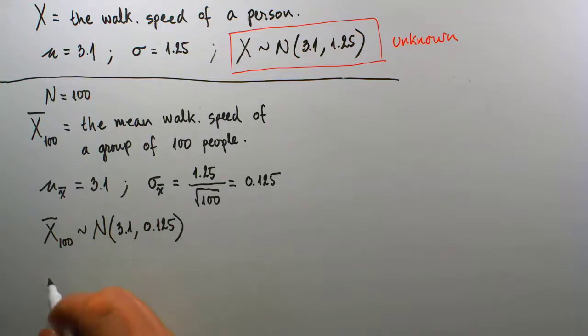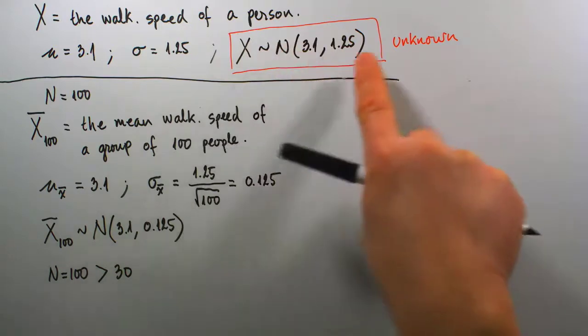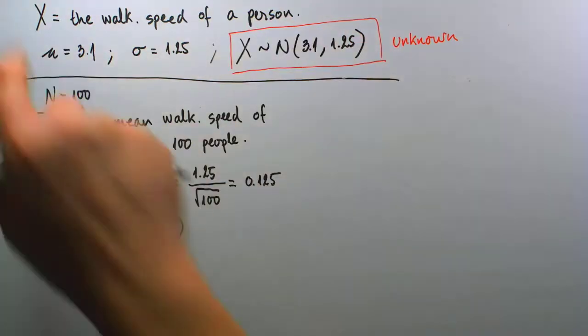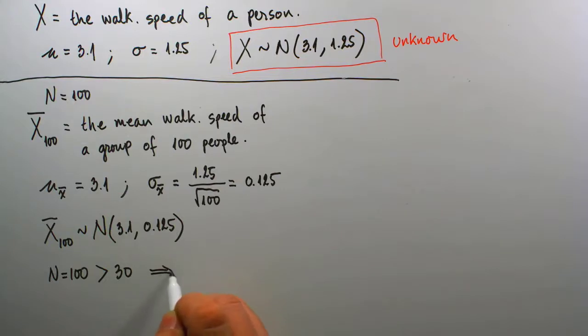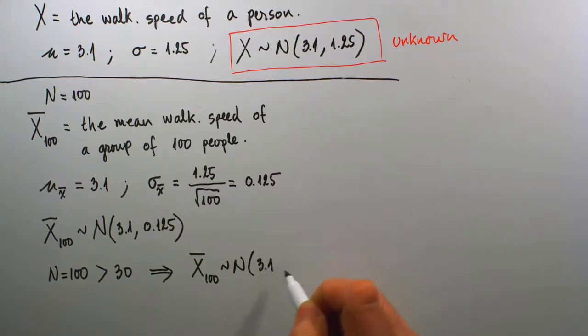But gladly, our sample size currently used here is 100, which is well above 30. So in that case, we no longer need to rely on the distribution shape of our beginning population, but instead we can make a straight conclusion that this sampling distribution of all the sample means at size 100 will be on a normal distribution, 3.1 center and 0.125 for average spread.